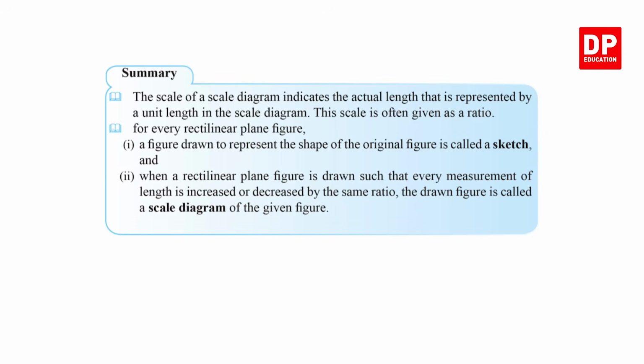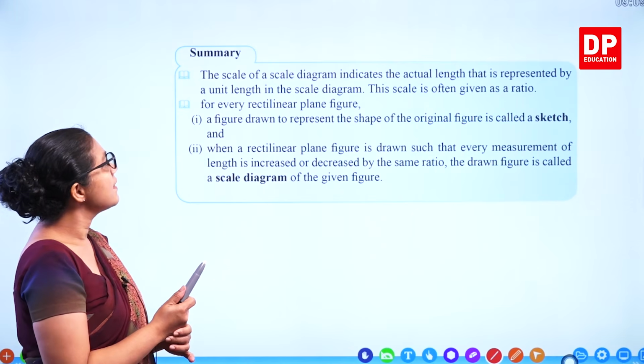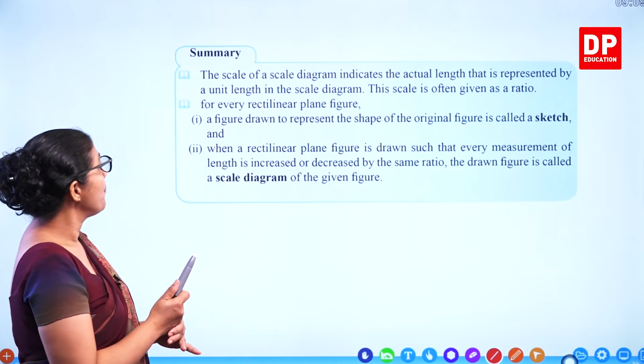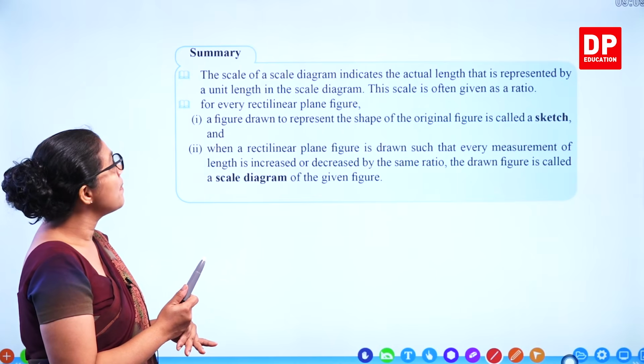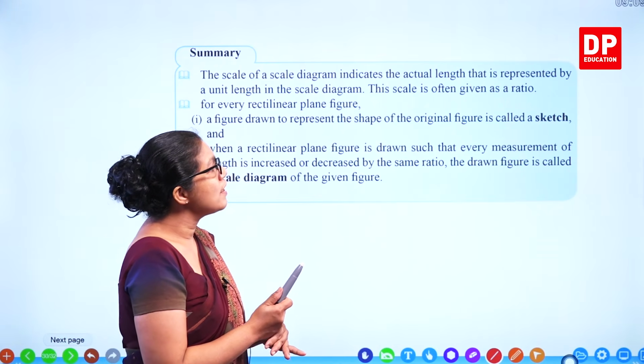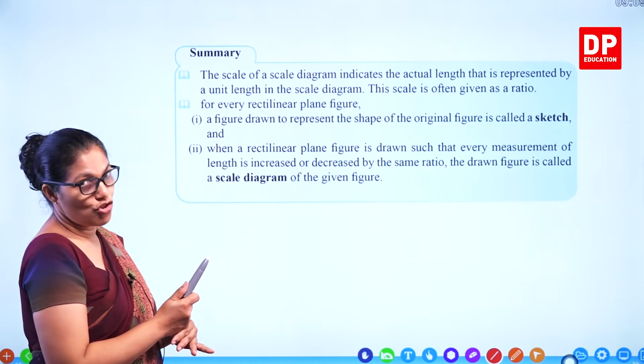So we completed all theory related to scale diagrams. The scale of a scale diagram indicates the actual length that is represented by a unit length in the scale diagram. This scale is often given as a ratio. For every rectilinear plane figure, a figure drawn to represent the shape of the original figure is called a sketch.